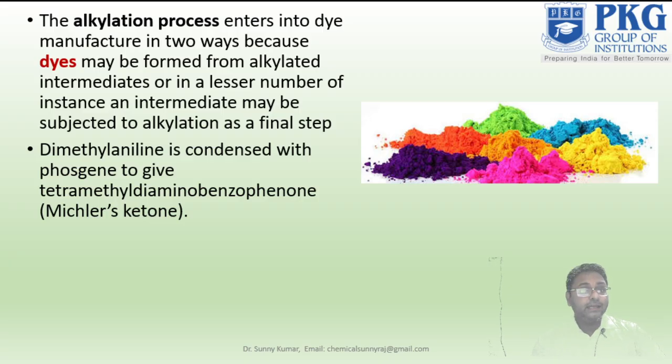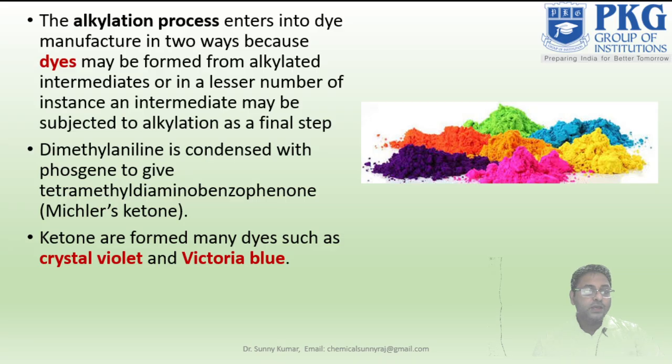Dimethylaniline is condensed with phosgene to give tetramethyldiaminobenzophenone, which is Michler's ketone. It is a type of dye. Ketone forms many dyes such as crystal violet or Victoria blue. So these are the two.